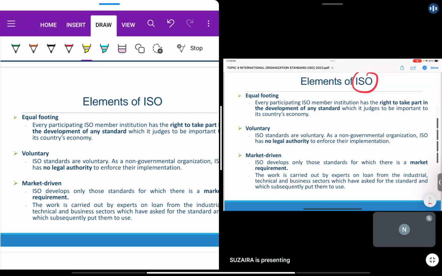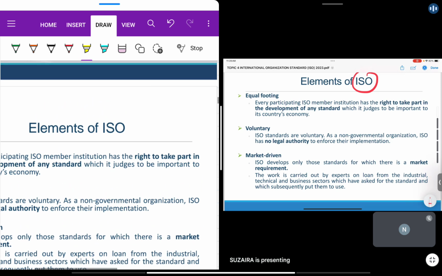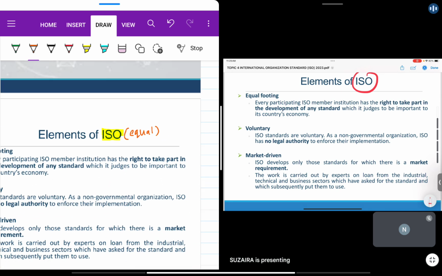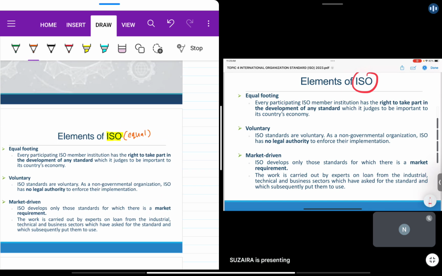Like in Malaysia, we can actually develop a standard. Of course, they need someone that can provide an idea in order to improve a certain area. For example, maybe we talk about cereal and dairy products.